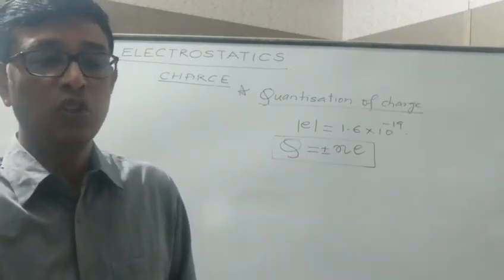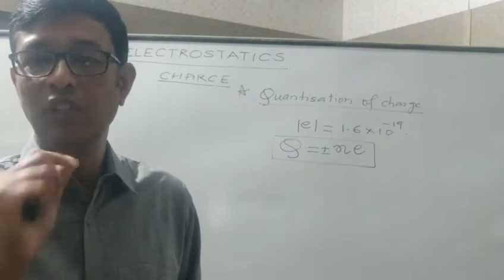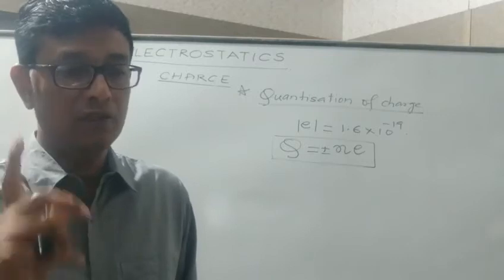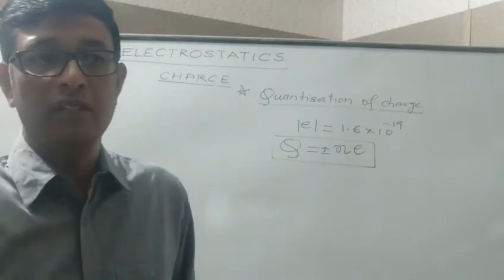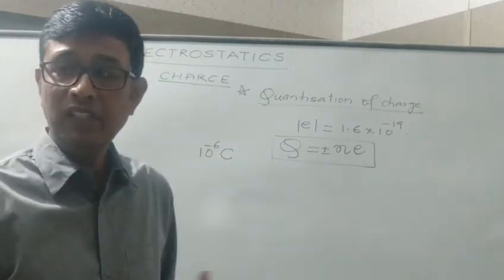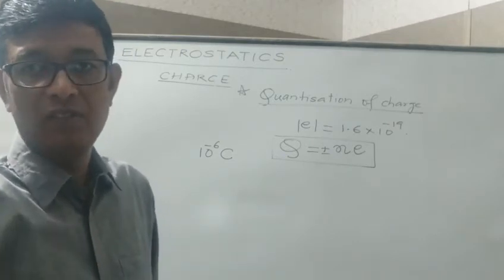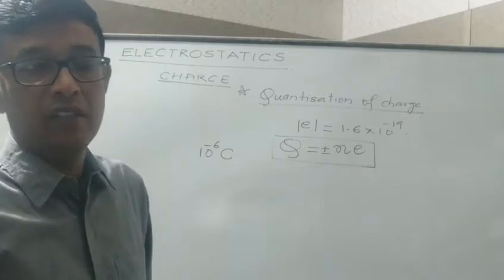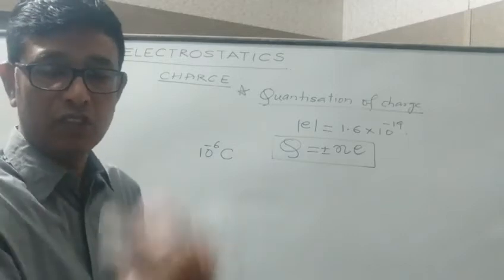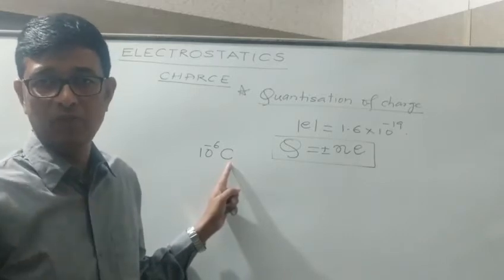Now, for a glass rod to acquire a positive charge of 1 microcoulomb, that is 10⁻⁶ coulomb, how many electrons need to be transferred from glass rod to silk? Again, I'm repeating the question: calculate the number of electrons transferred from glass rod to silk for the glass rod to acquire a charge of 1 microcoulomb. So let's solve this example. (Coulomb is the SI unit of charge, which we also need to discuss.)